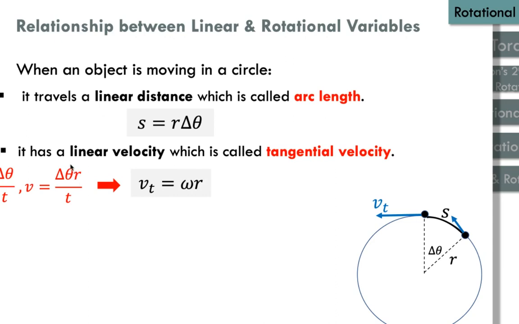Specifically here, delta theta over delta t is the definition of omega. So that's where that equation for tangential velocity originates from. Delta theta over t is omega, so omega times r gives us the tangential velocity, whose magnitude is constant, but whose direction changes.